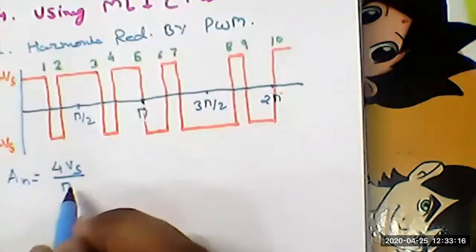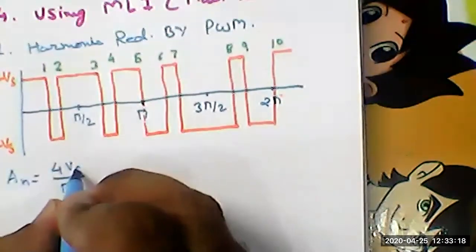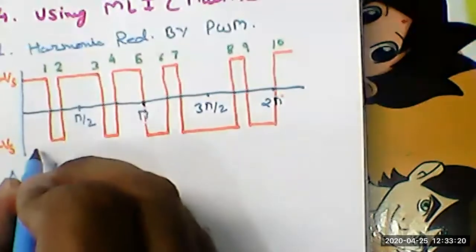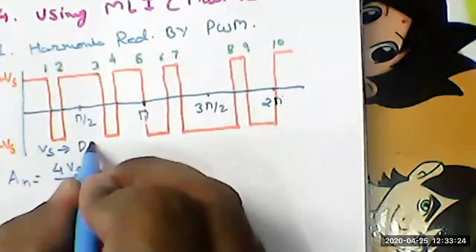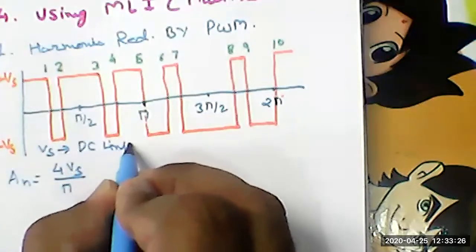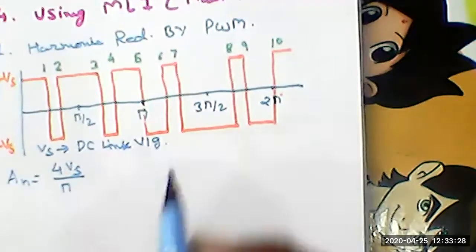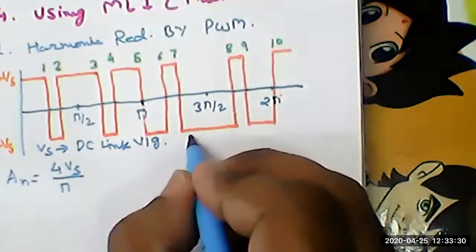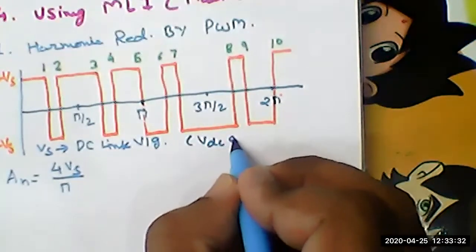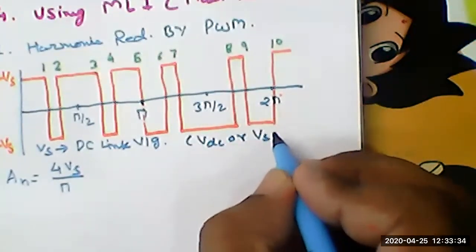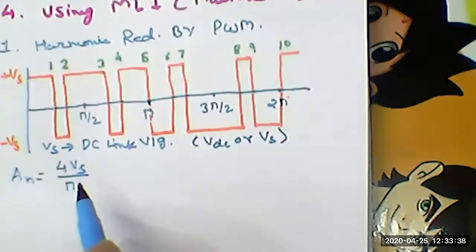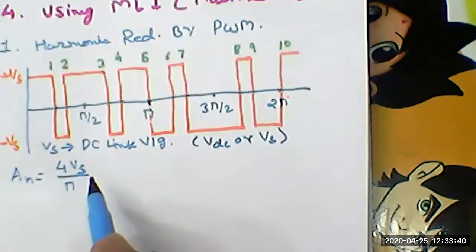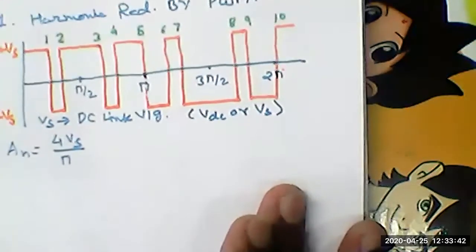So it is 4 Vs upon pi, where Vs is the DC link voltage, right? In some books it is denoted as VDC, or in some books as Vs. So Vs is the DC link battery which you will use to supply your single phase inverter.